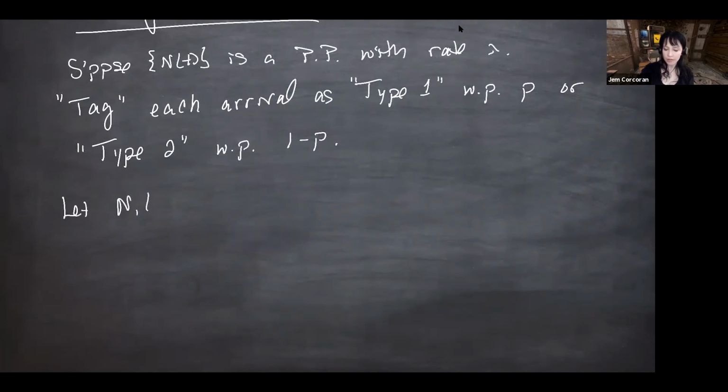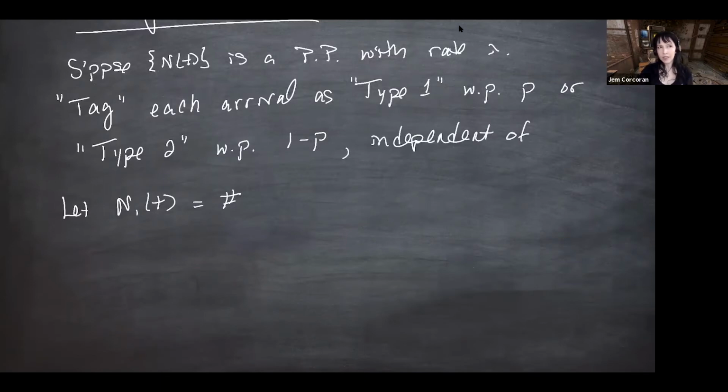So if you let N1 of t be the number of, oh, by the way, tag each arrival independent of everything that's going on. Like, you don't have a higher probability of getting a type 1 tag because you had a bunch of type 1 tags.